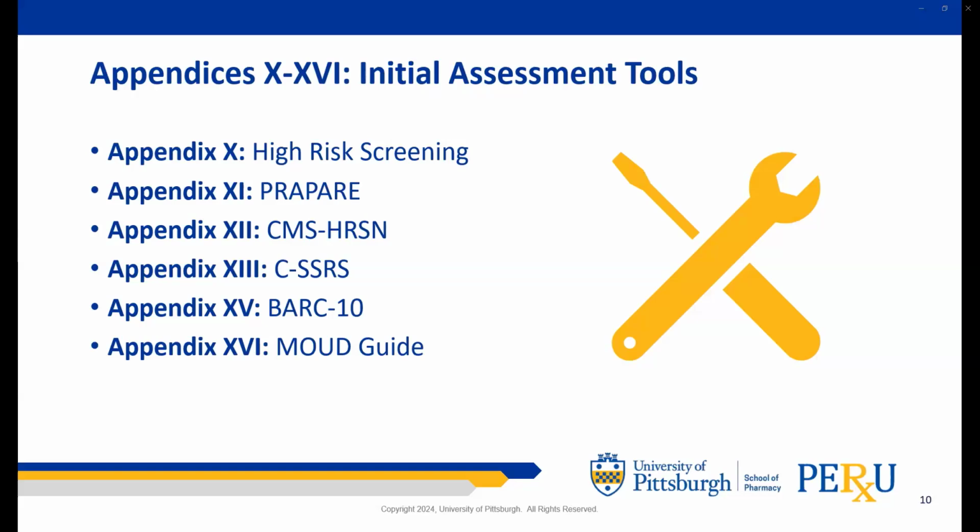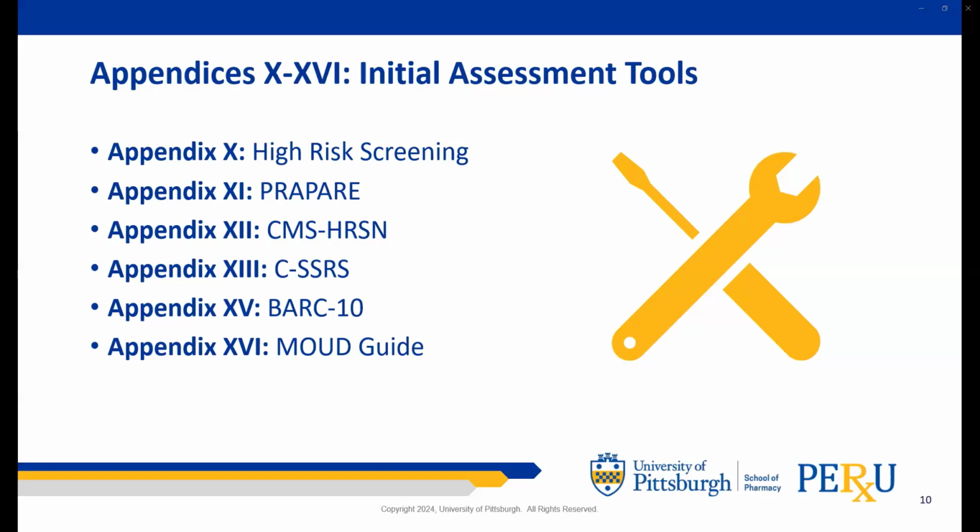Appendix 11 has the social determinants of health assessment, the PREPARE, which is a recommended SDOH assessment. Appendix 12 has another social determinants of health assessment, the Accountable Health Communities Health-Related Social Needs Screening Tool, that's the CMS HRSN, which is another recommended SDOH assessment. Both the PREPARE and the CMS HRSN are recommendations and not requirements.